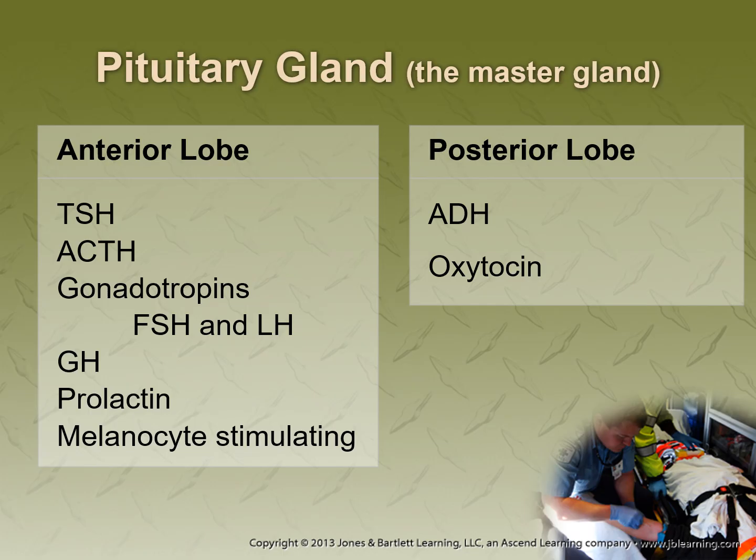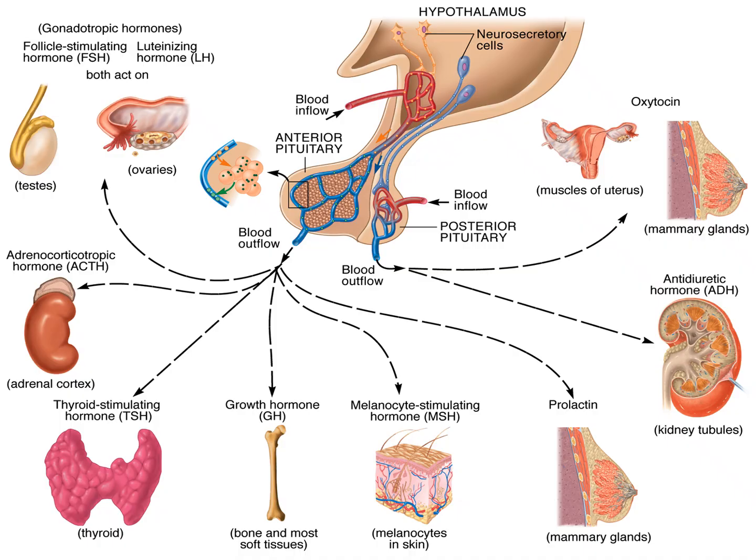As we decrease oxytocin, we will make the contractions spread farther apart, last less time, and be less efficient, basically. And here's a pretty good slide to look at all of the different things and what they do. Again, going from the anterior and posterior pituitary, they go to these different glands or different sites and cause bone growth or whatever it would be.